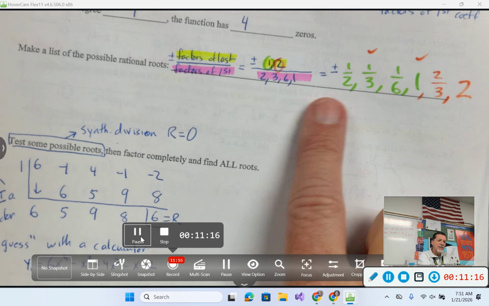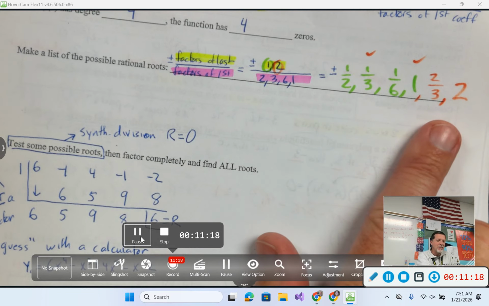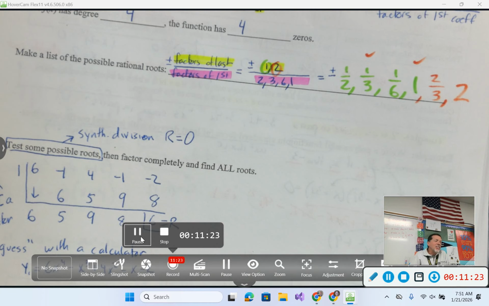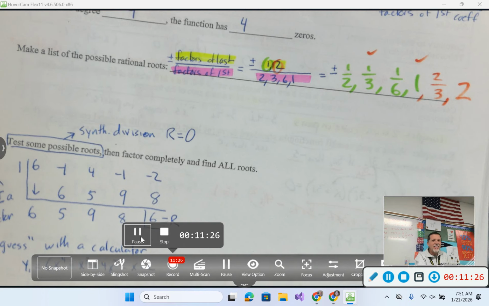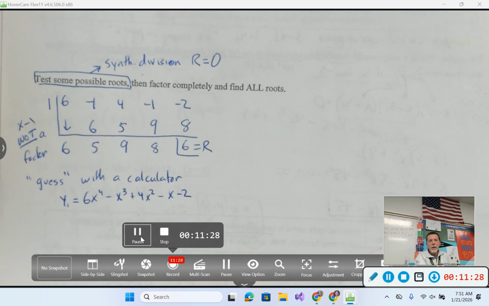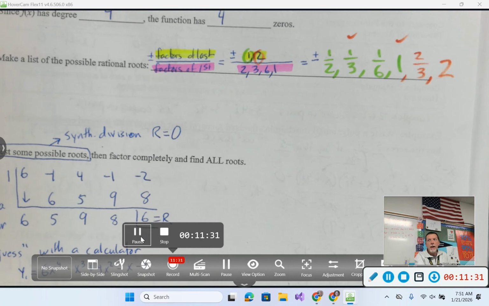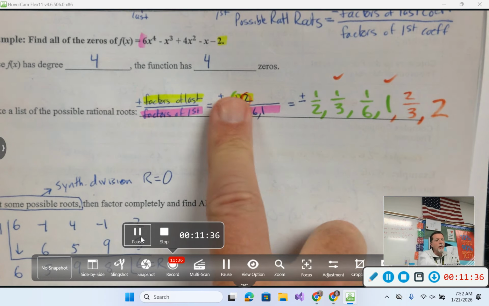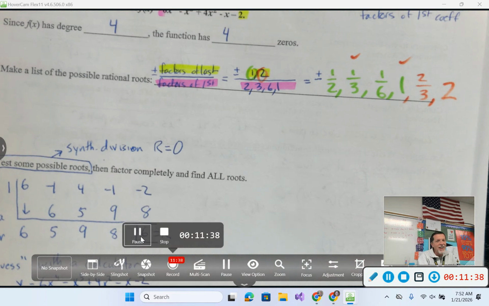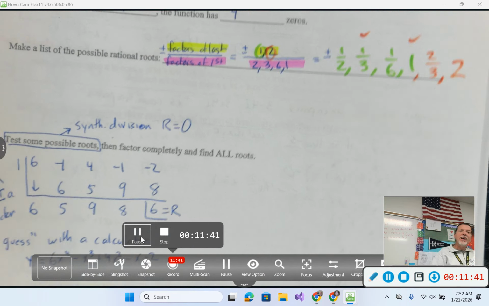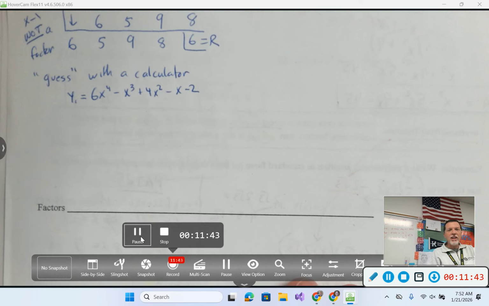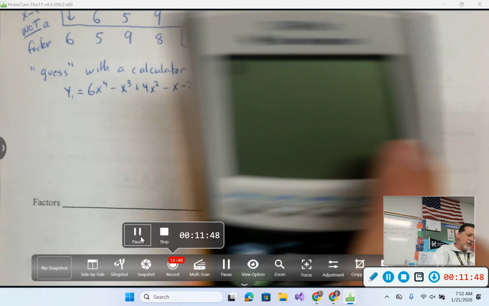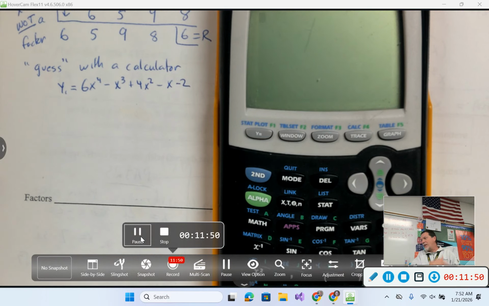But you're still trying to find 4 out of 12, because there's 12 options, and at most 4 of them are going to work. So your odds aren't great. Eventually you'd find one. So we're going to cheat, in quotes, not cheating because I said it's okay, and use our calculator to find a 0. Because if we can find a 0, we can find a factor.